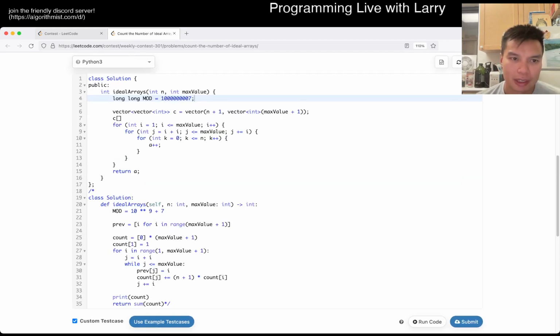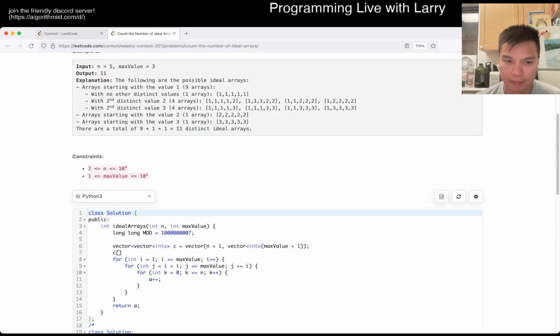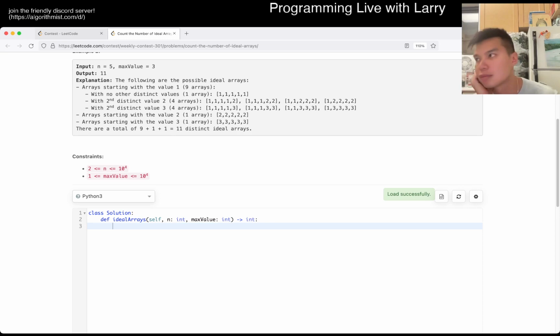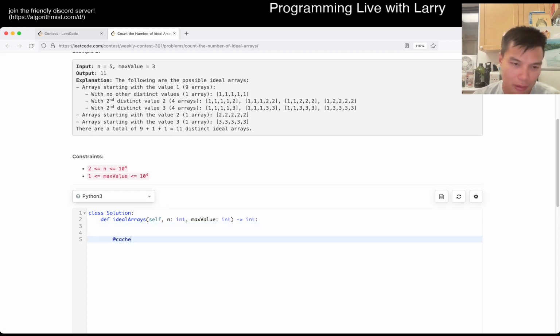Alright, friends. Why is this Python thing showing me weird code? How do I reset? Okay, I think I get the idea. Let's see if I can do it.